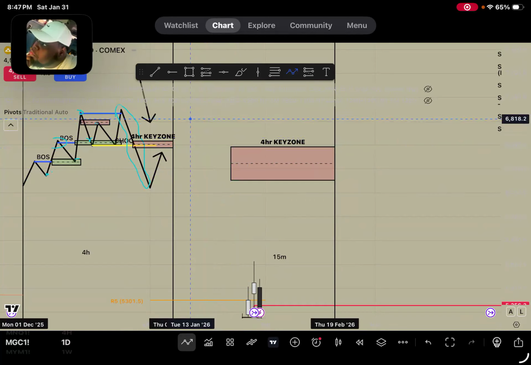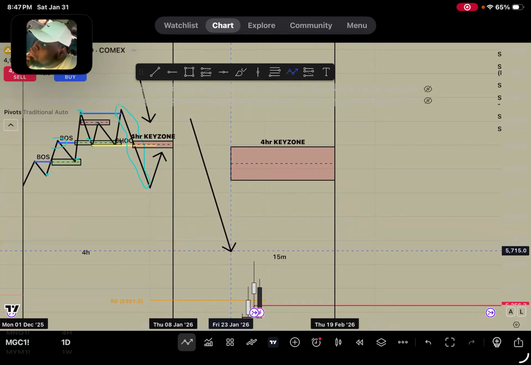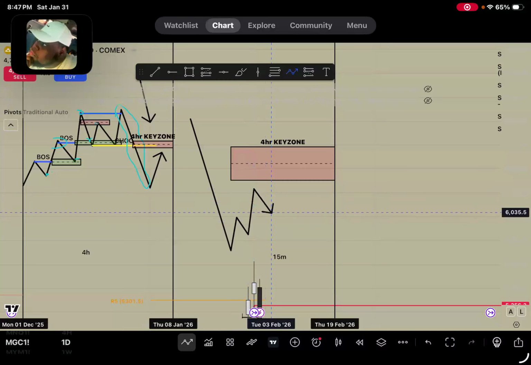So like that, we got that sell down. Let's say we see this buy up into the key zone. We see more candles on the 15-minute time frame.